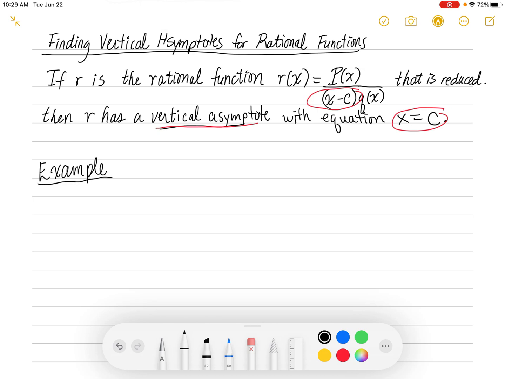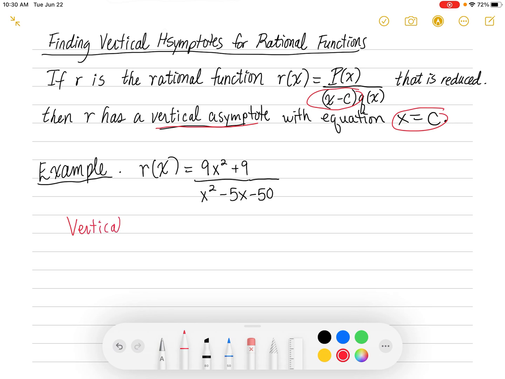Okay, so I'll just do an example real quick. Let's say I have the following. r of x equals 9x squared plus 9 over x squared minus 5x minus 50.